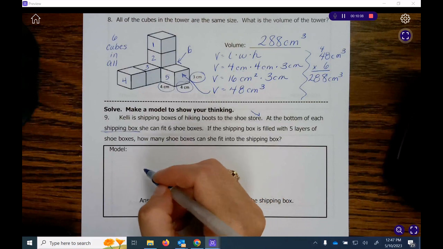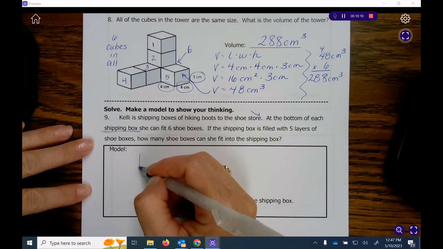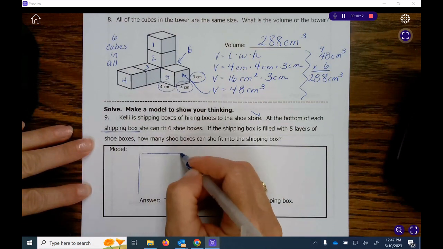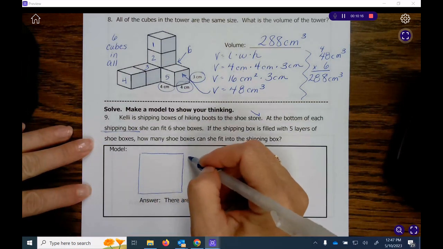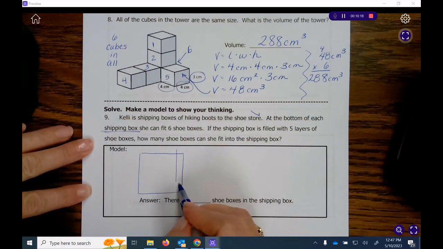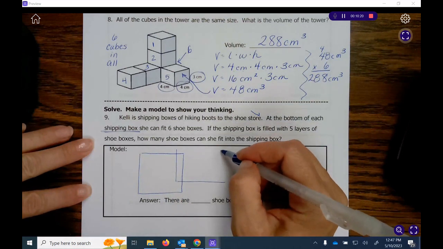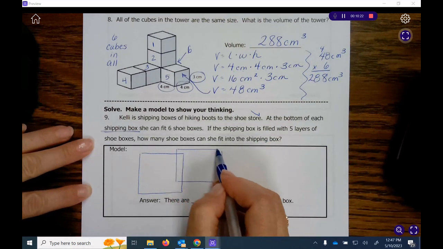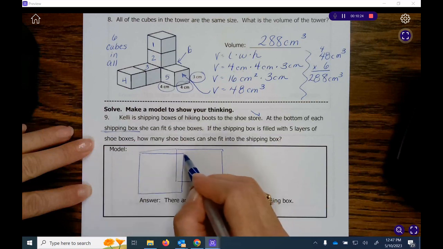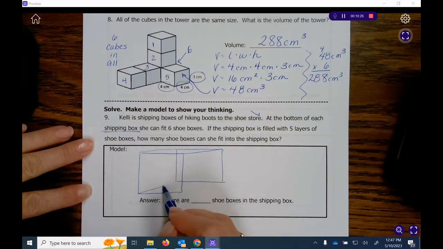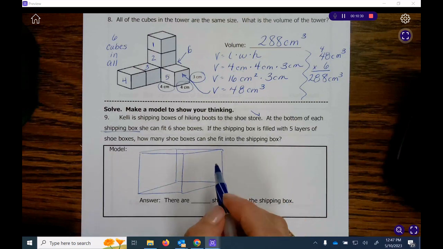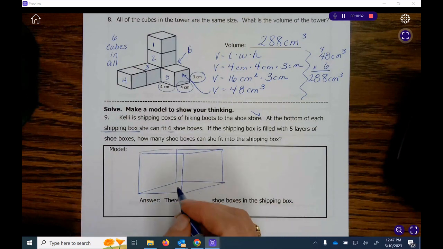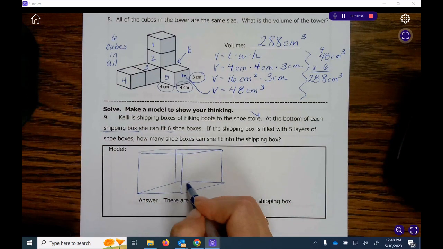So let's draw a shipping box. And at the bottom, there's 6 shoe boxes. So I'm going to have to go like this.